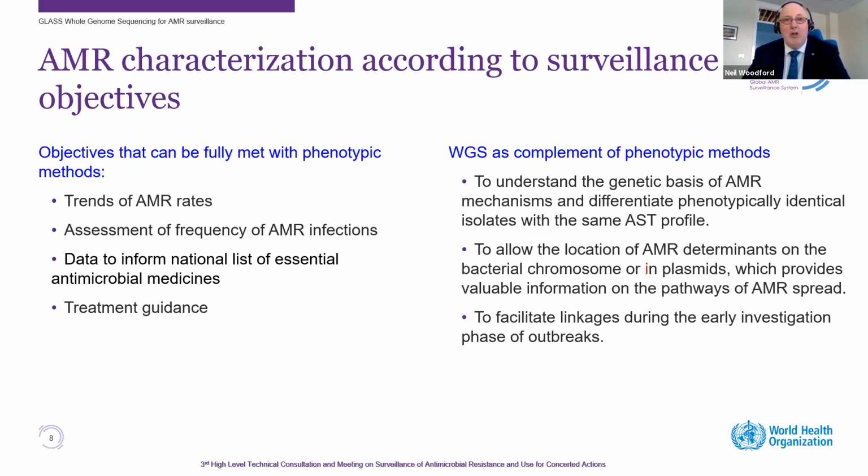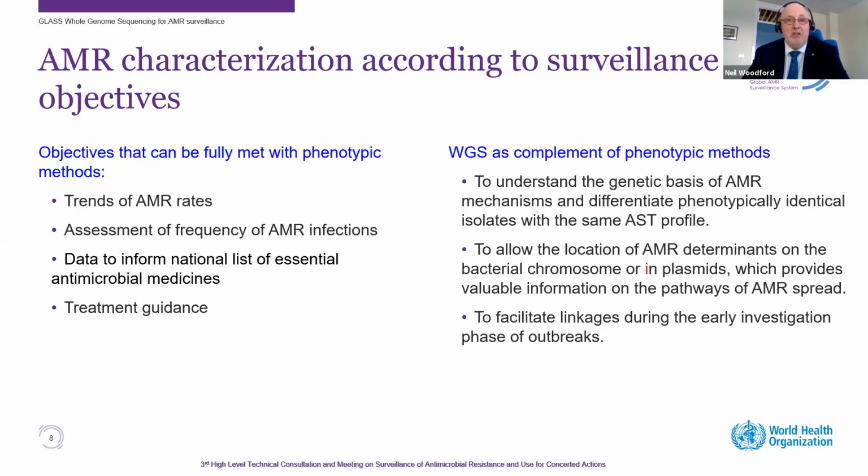So is the prevalence of resistance to particular drugs compromising the essential medicines list in some countries. And of course, it can also be used to benchmark the relevance of treatment guidance and identify when treatment guidance needs to be updated because of emerging or high prevalences of resistance.